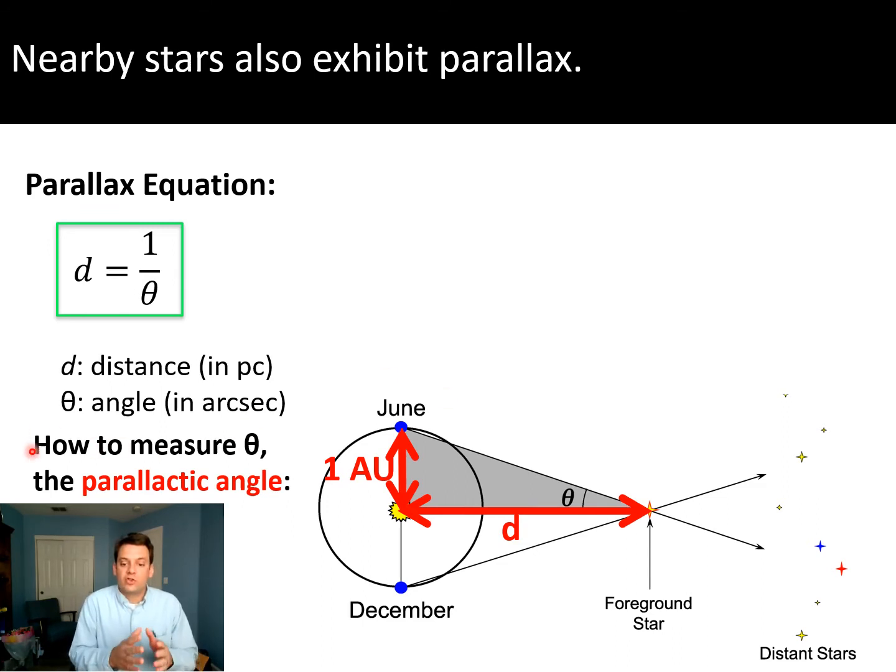And for small angles in geometry, if you were actually doing this in a trig class, you would write down the tangent of theta here. But it turns out that the stars are so far away, so much larger than 1 astronomical unit, that the angle is so small that something called the small angle approximation applies, in which the tangent of theta is approximately equal to theta itself.